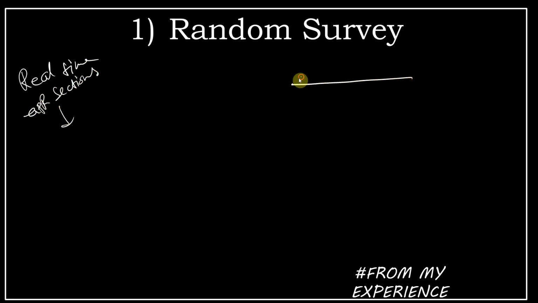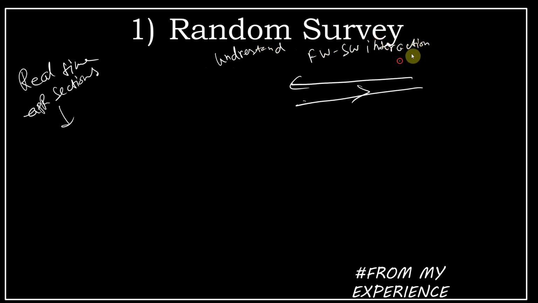Suppose this is one inline profile, and this is another inline profile. Suppose our objective is to understand the freshwater-seawater interaction zone. Somewhere in that 3 kilometer by 400 meter area, there is a zone of freshwater and seawater interaction, and you can identify that zone using GPR.